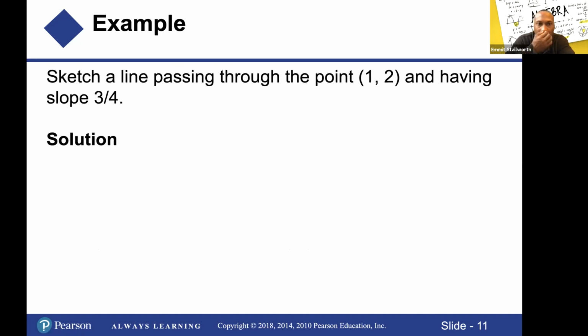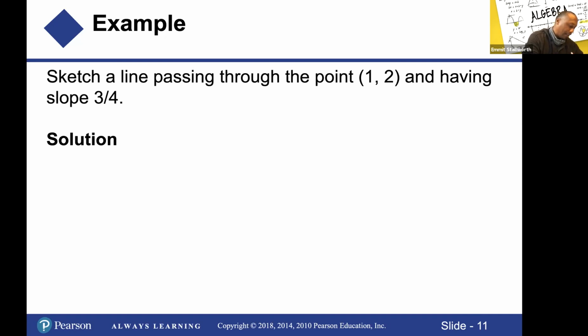Okay. Now this right here says sketch the graph that goes through 1, 2, and having slope 3/4. So let me just do that on here, because I think it's better that we kind of see this. Let me get this right here going.